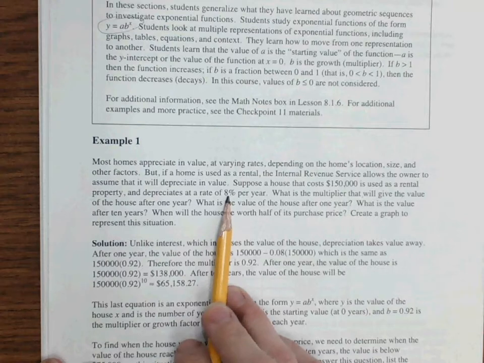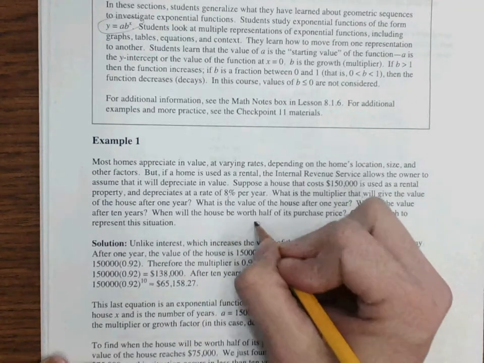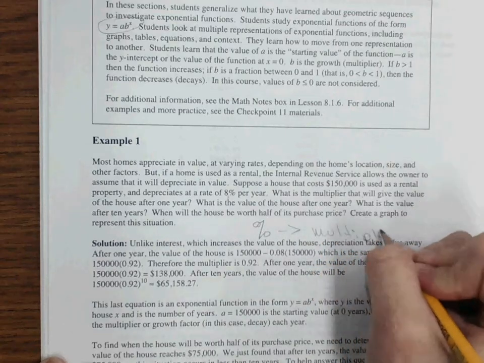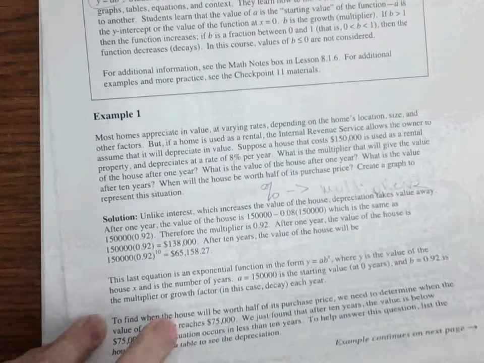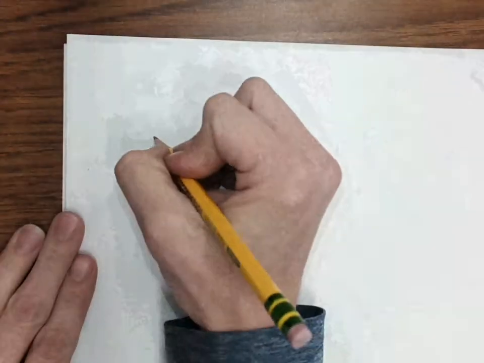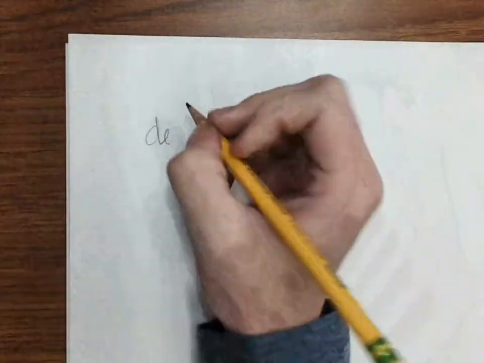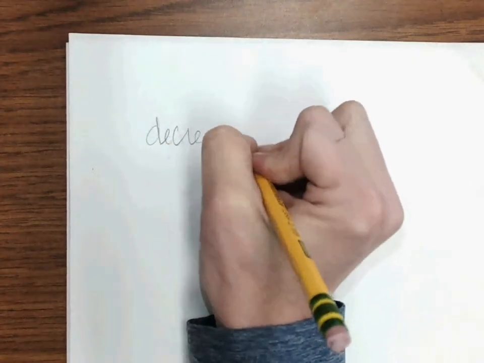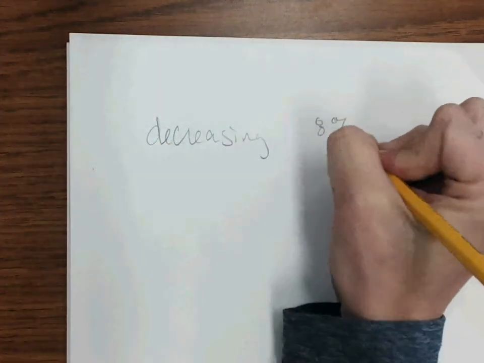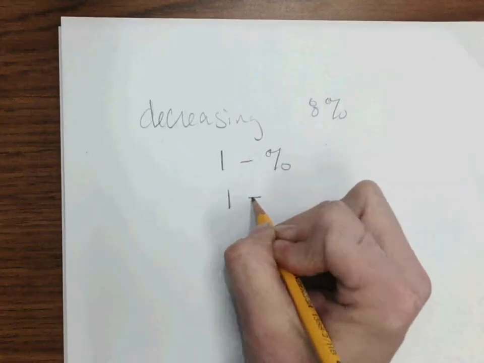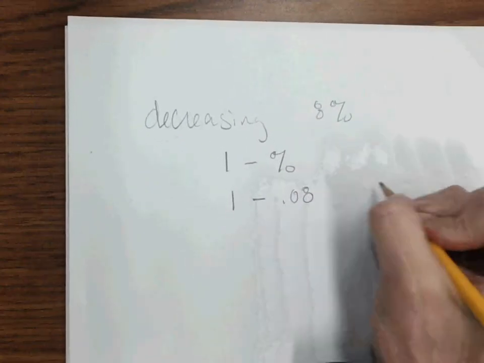If we think back to what we did last week, we looked at percents as multipliers, right? And we looked at that idea if it's decreasing by 8%. If it's decreasing, I've got 1 minus my percent, so 1 minus 0.08.